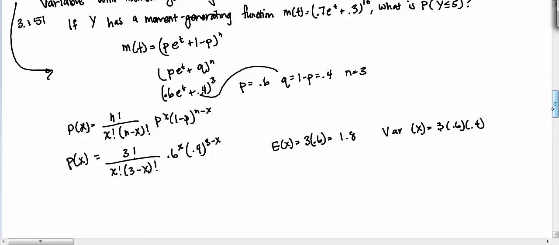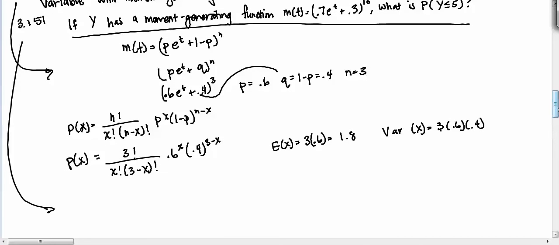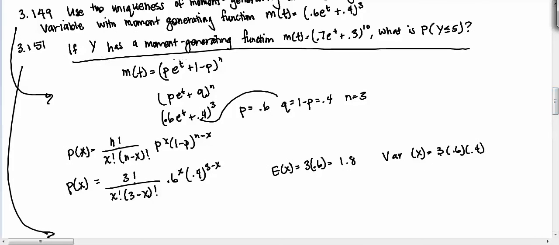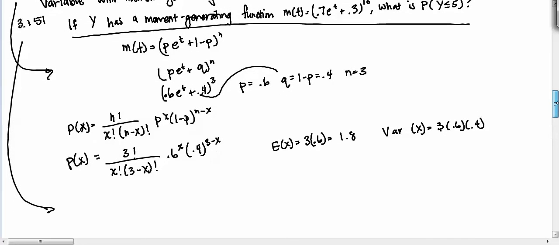All right, let's do this problem right here. Basically it says, if Y has this moment generating function, what is the probability that Y is less than or equal to 5? Here's the way I would go about that.